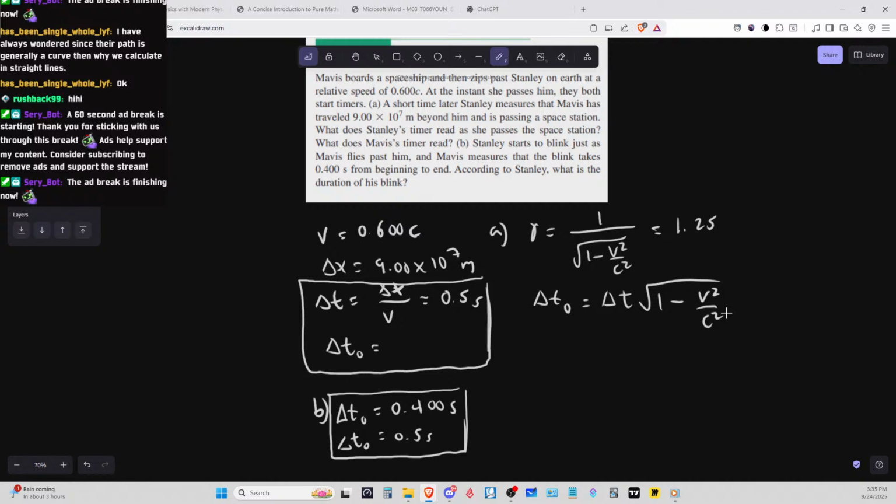But I don't know why it turned out that way. And times. Let me see if I typed gamma right. Maybe I should put parentheses around the square root.